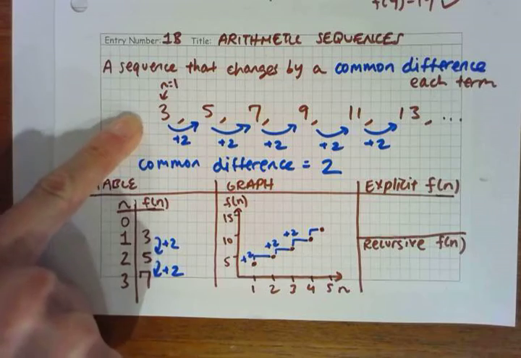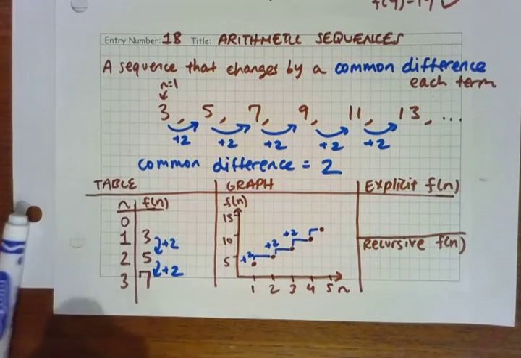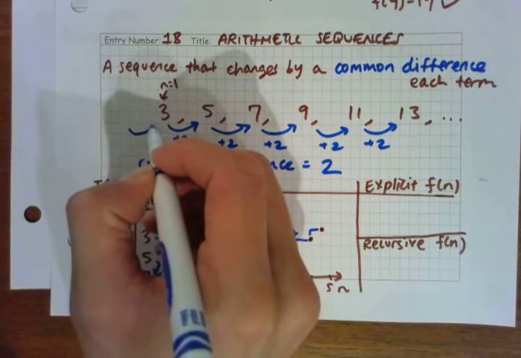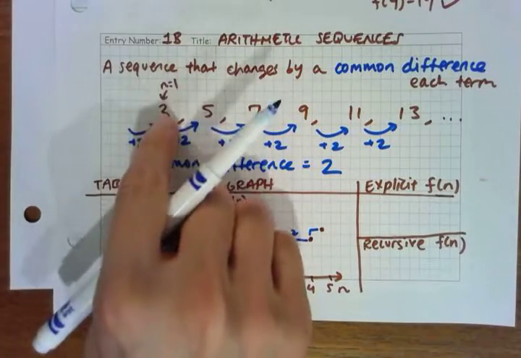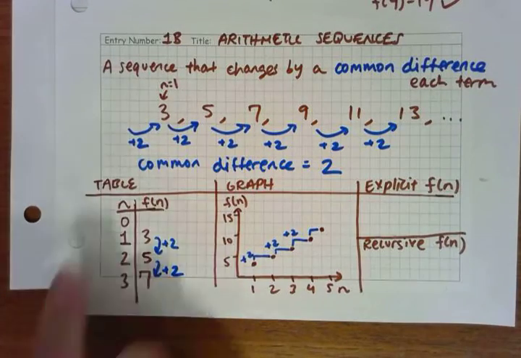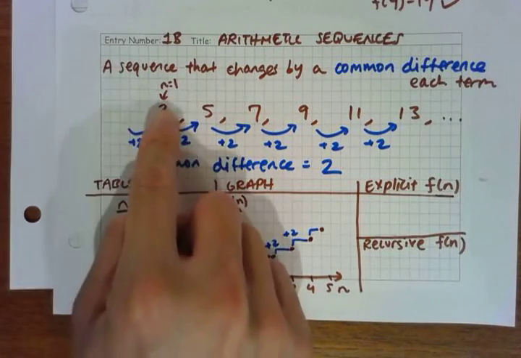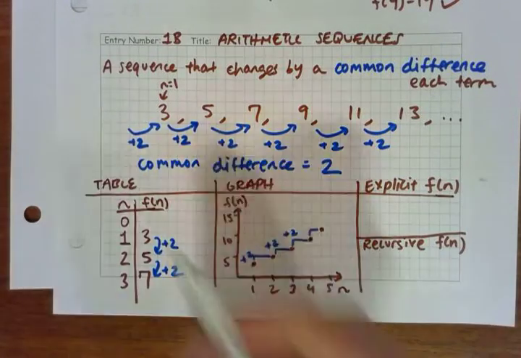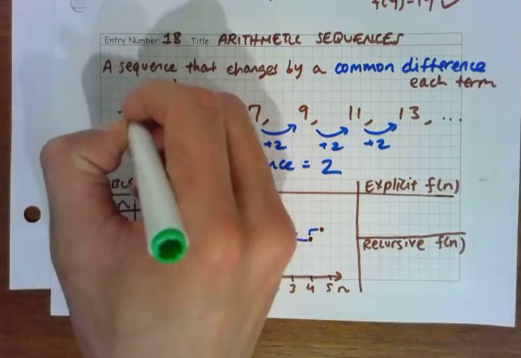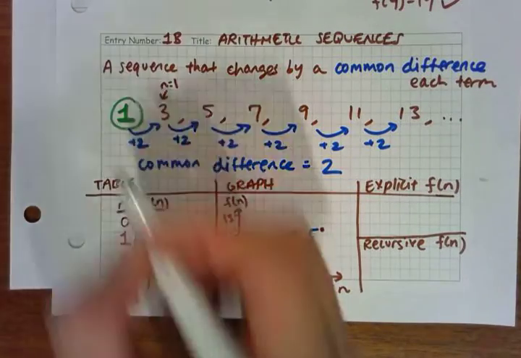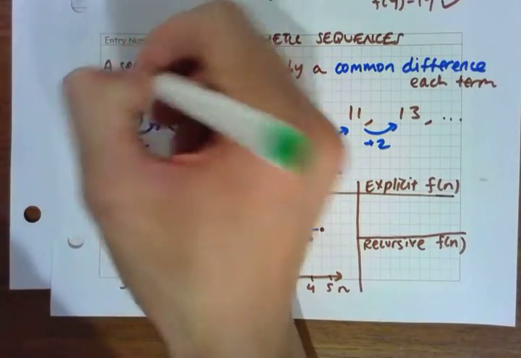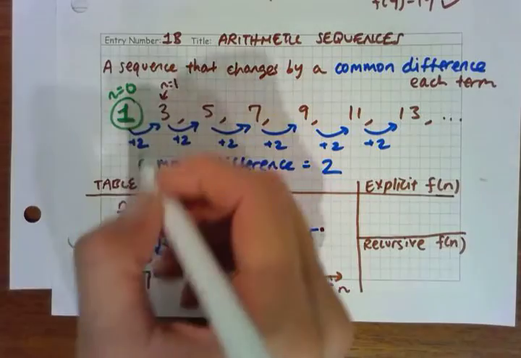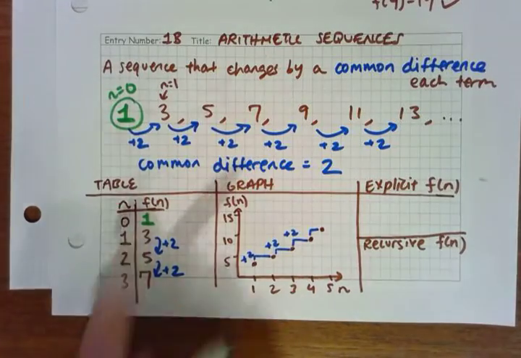But we can very easily figure that out by using the common difference. If it's 3 when n is equal to 1, then we just have to go back and take away 2 instead of adding 2, and that would bring us to 1. And 1 is our 0 term when n is equal to 0. So we'd have 1 over here in the table.